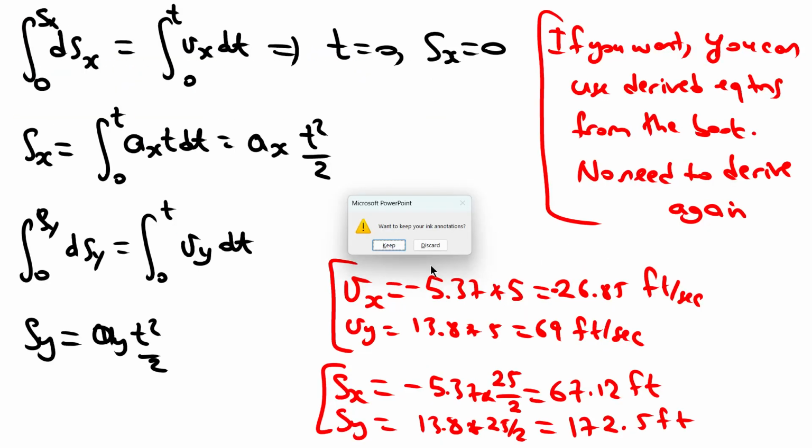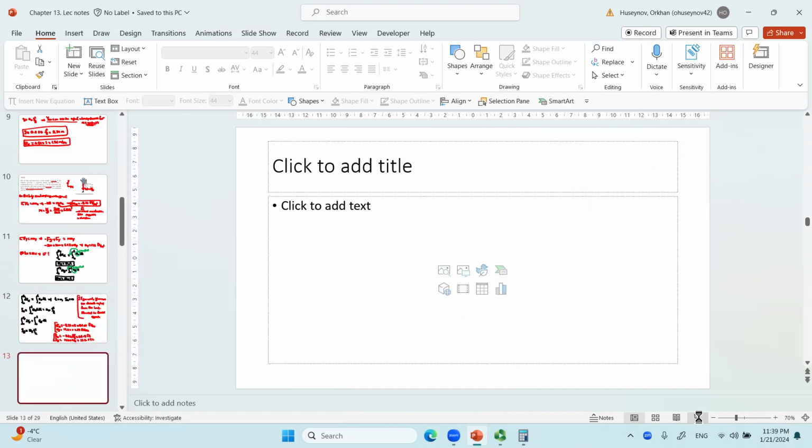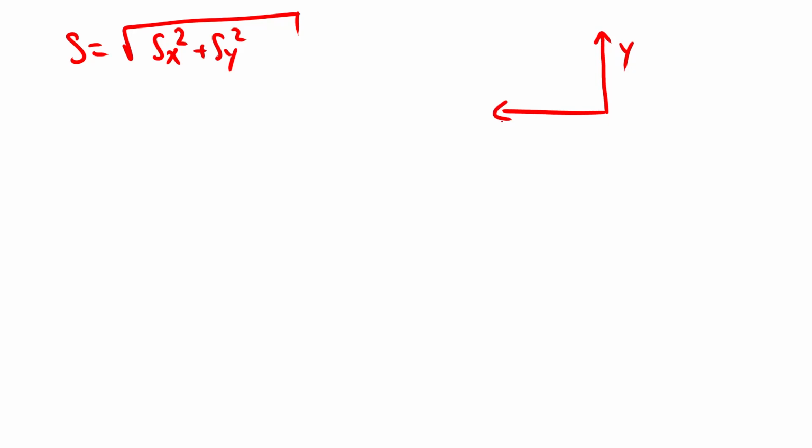Then to find the final distance, S will be equal to, by the Pythagoras theorem, sx squared plus sy squared. It's like you are moving in the y direction and you are moving in the x direction, and you are trying to find the total distance you have traveled. Let me write it here again.